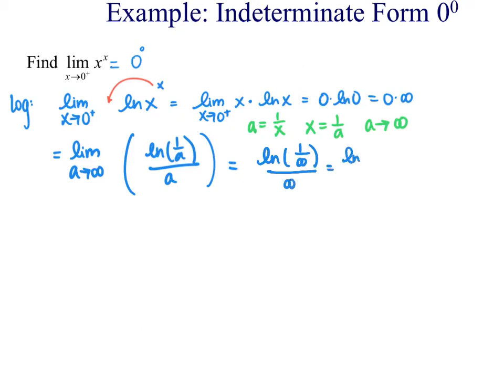That's the natural log of 0 over infinity, and the natural log of 0 is negative infinity, which is an indeterminate form. Okay, now we're ready. We've got a quotient of an indeterminate form. So now we're ready for L'Hopital.